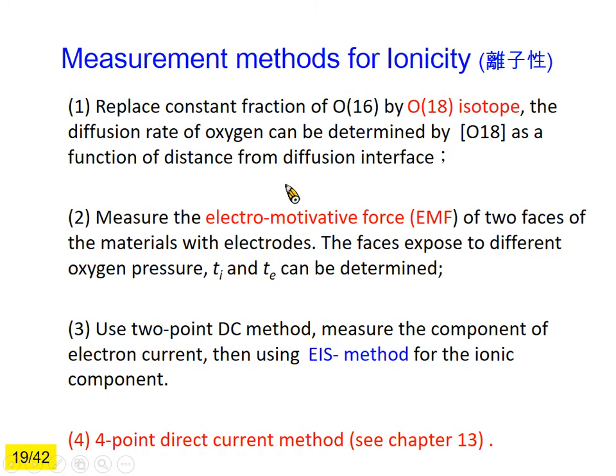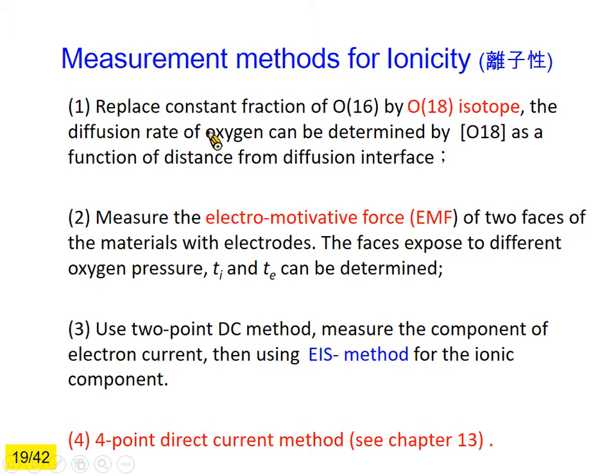This slide contains several very important methods to measure the ionicity, meaning the ionic character of the electrolyte material. There are 4 different methods. The first method is the most reliable method and is only used by German researchers at present. Very few research groups can conduct this experiment.